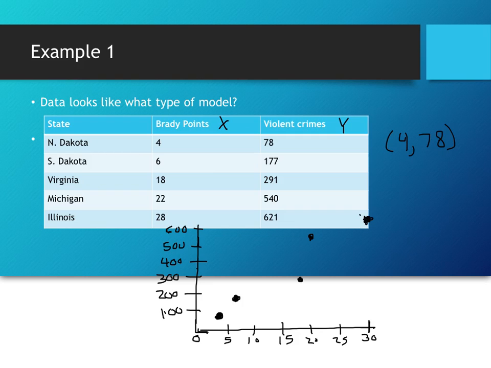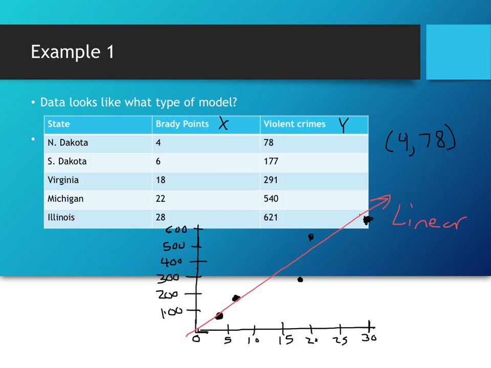I would tend to say this looks linear. We're kind of going up in this direction. Again, those points don't fall perfectly, but it does look linear.